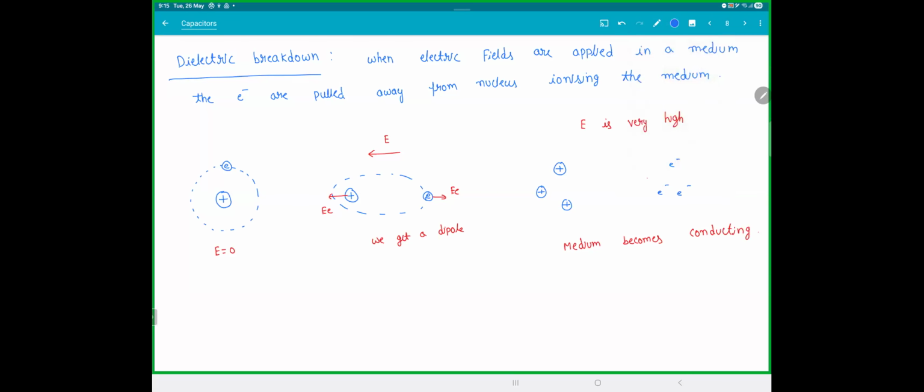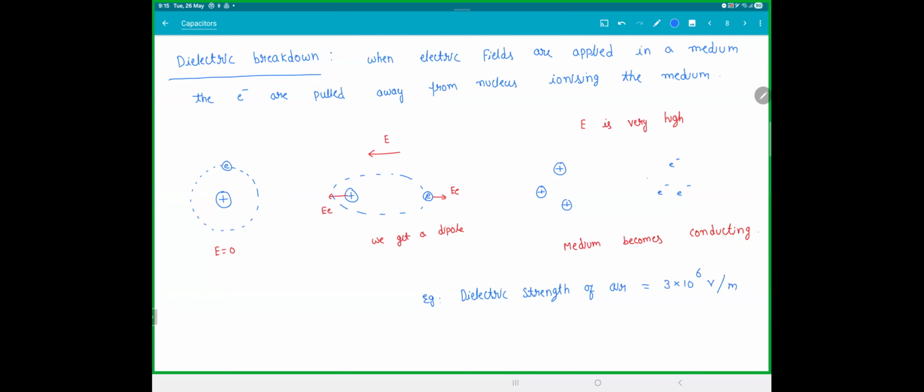So this thing is called dielectric strength of air. So what decides when the situation will happen is dielectric strength. Dielectric strength of air is 3 into 10 power 6 volt per meter.